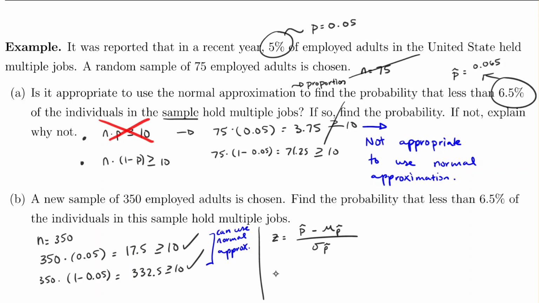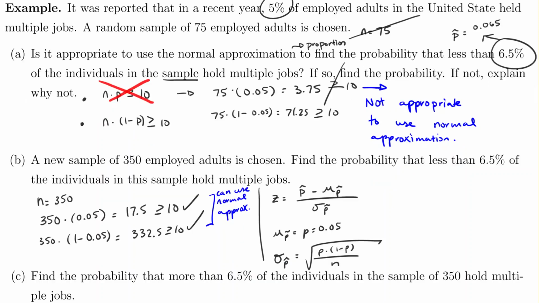Now, what is mu of p hat? Well, mu of p hat is just my population proportion of 0.05. Okay, what is sigma of p hat? Sigma of p hat is the square root of the population proportion p times 1 minus p over the sample size n.